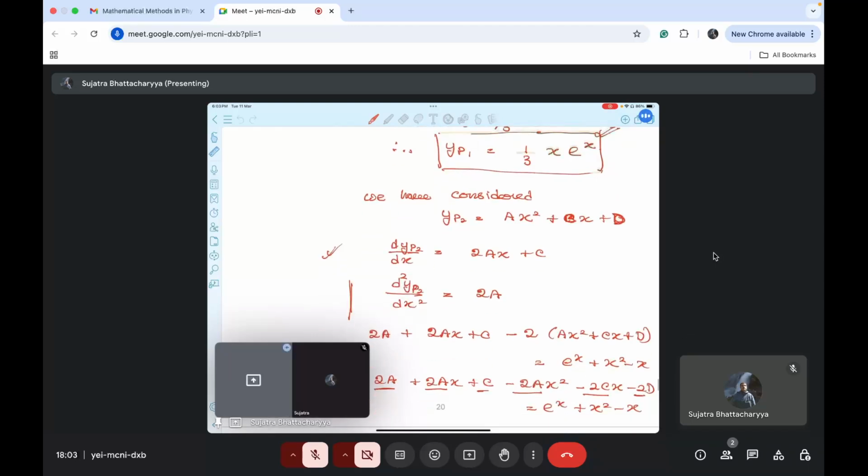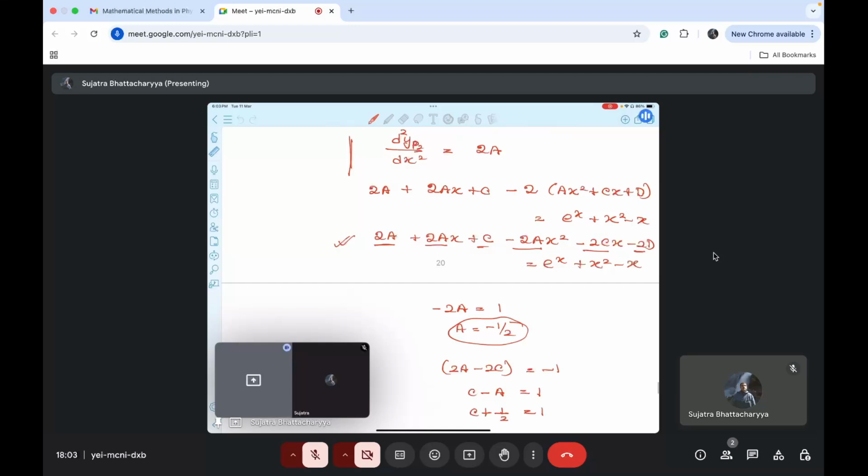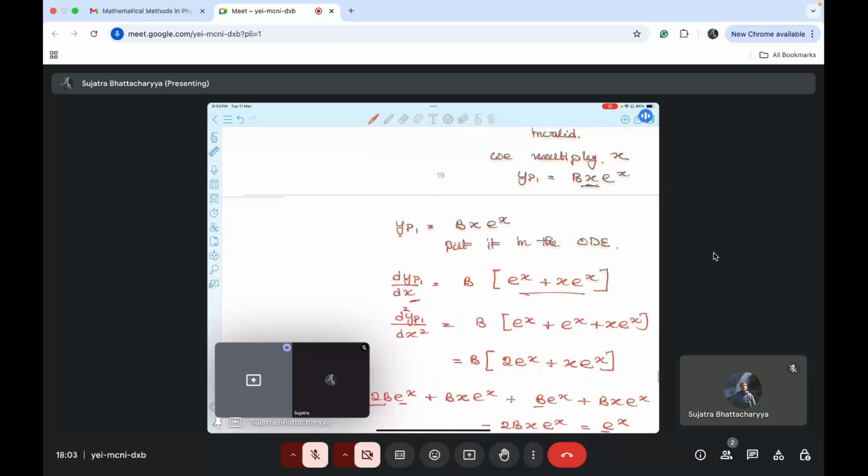So here I have shown this thing, that is, when I was using the partial function here, that is, the particular integral solution, we have assumed it as ax square plus cx plus d, corresponding to what?